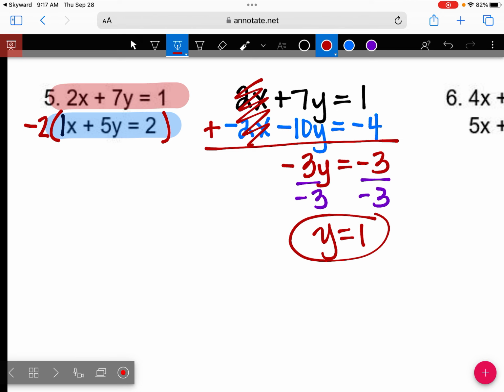So let's go ahead and find x. So let's use our blue equation. So the blue equation says x plus 5 times y equals 2. Go ahead and solve that for x.